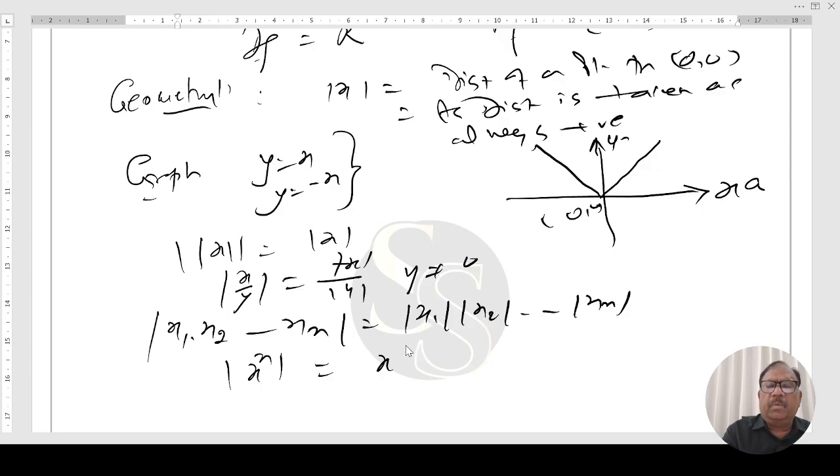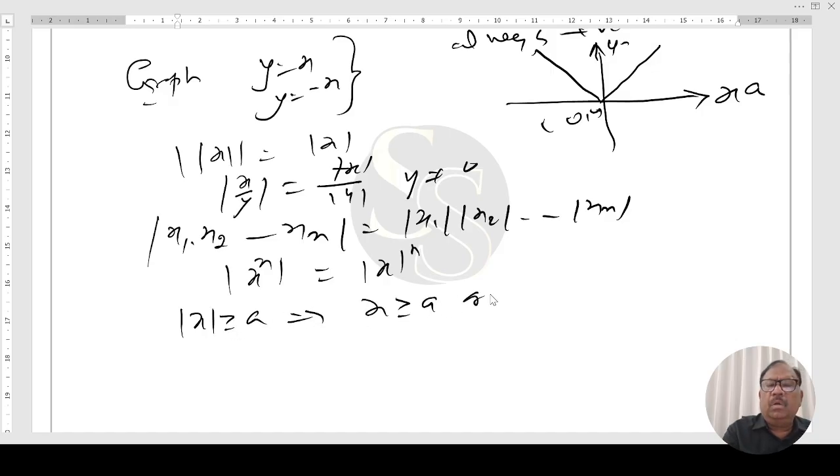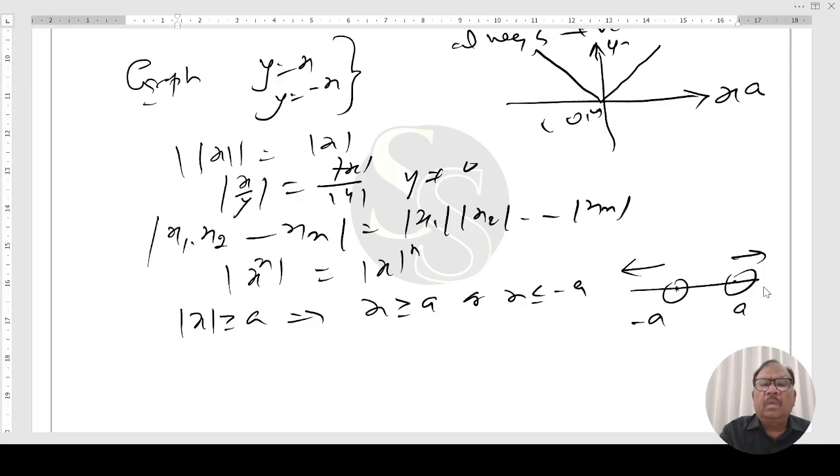Mod x greater than or equal to a means x greater than or equal to a or x less than or equal to minus a. On the number line, the concept is: greater for outside, less for inside.